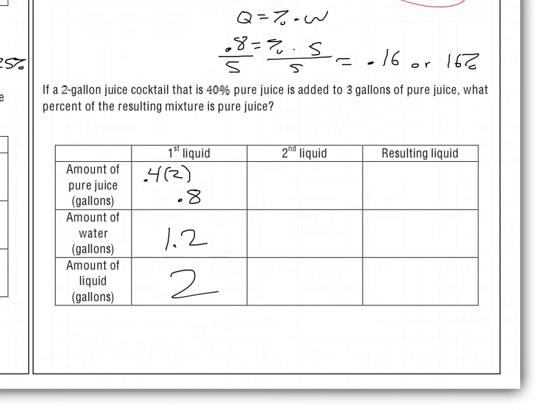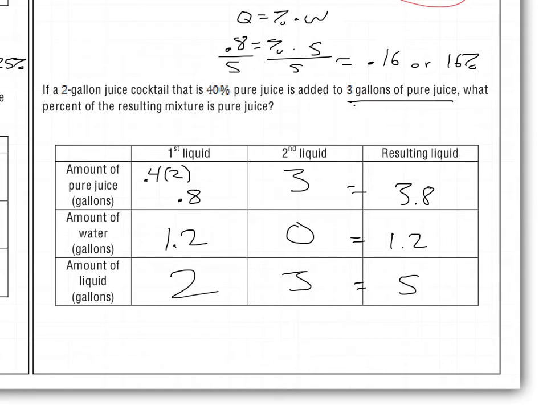When we look at the next one, it's added to 3 gallons of pure juice. So this is 3 gallons and it's all juice and no water, which means that we have a total of 3.8 gallons of juice and 1.2 gallons of water and a total of 5 gallons.